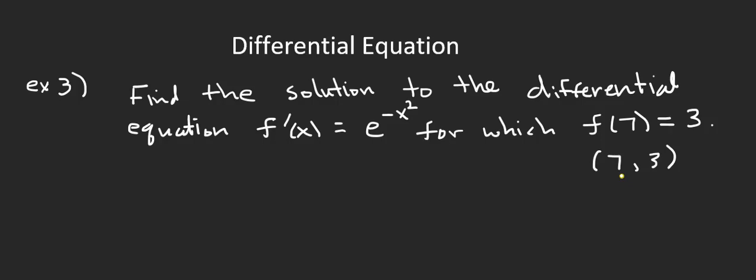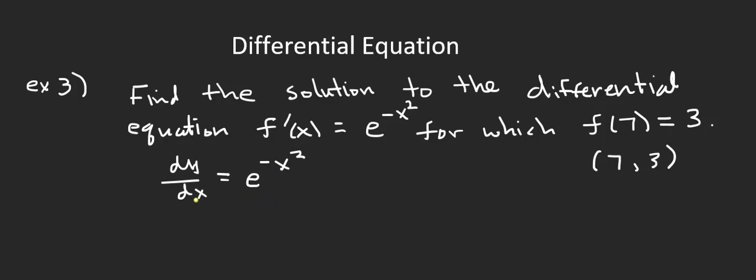So you might want to rewrite it as (7, 3). Now f prime of x is the same thing as dy over dx. So you could rewrite this expression as dy over dx equals e to the negative x squared.